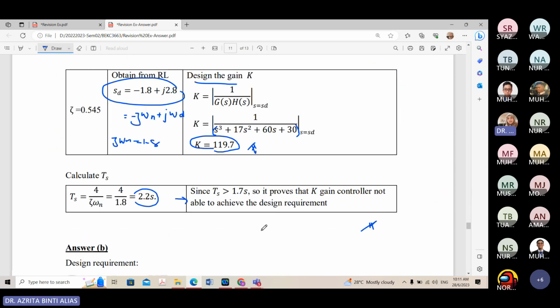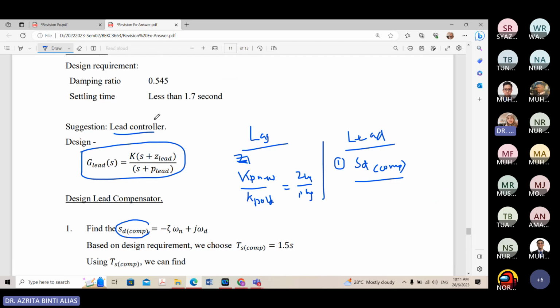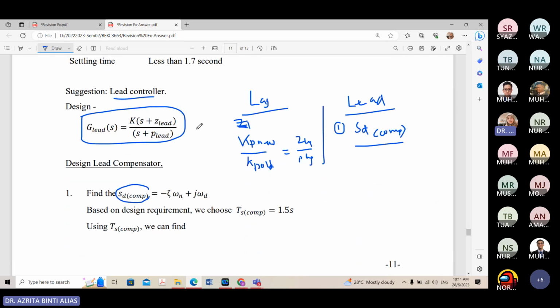Our TS compensated, so you can choose any values that less than 1.7 second. So semua betul. Kalau pilih 1.7 pun betul, 1.6 pun betul. So for this example, I choose 1.5 seconds. But you need to make sure, don't choose a very low TS. Tak boleh lah pilih sampai 0.9.